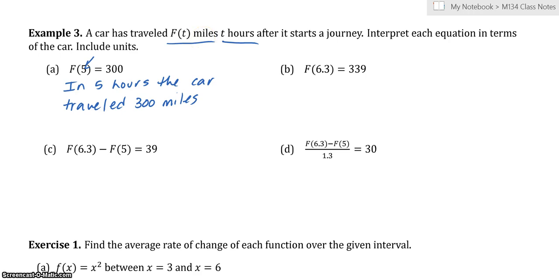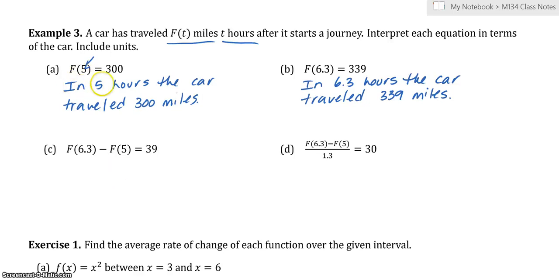Similarly, what does f of 6.3 equal 339? Again, the 6.3 is the hours. So in 6.3 hours, the car traveled 339 miles. Part C is the actual change, what the car did from 5 hours to 6.3 hours, the subtraction of that.